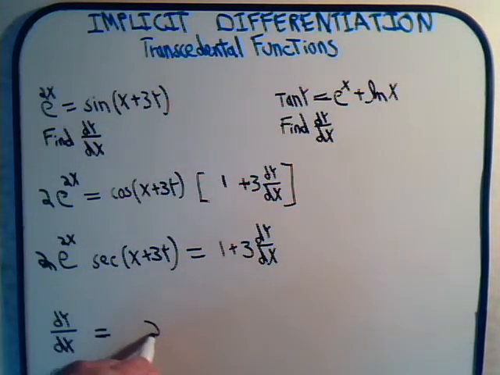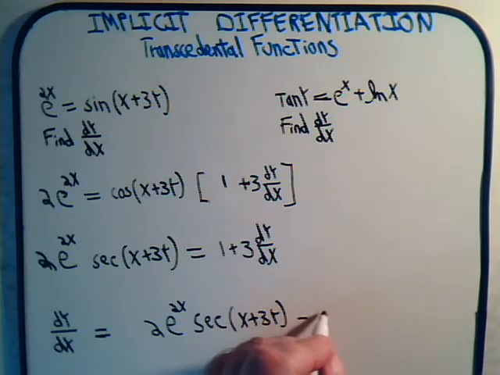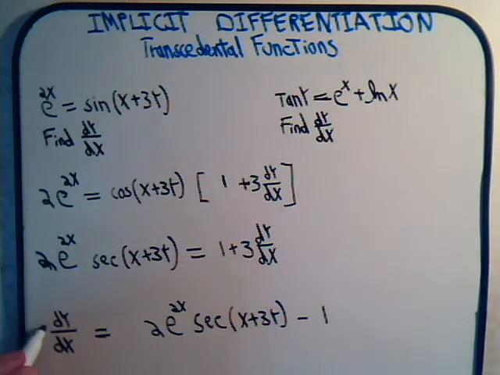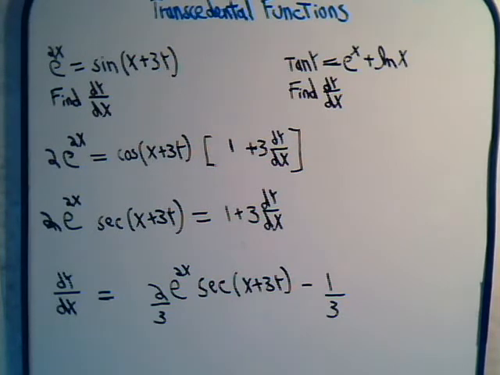So I have 2 times e to the 2x times the secant of x plus 3y minus 1. That would be 3 times dy/dx. Divide both sides of the equation by 3. And there we have dy/dx. And that's it. That problem is finished.